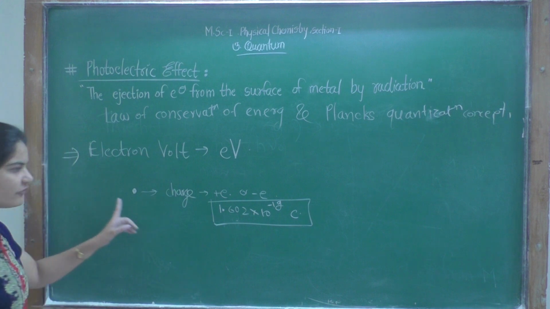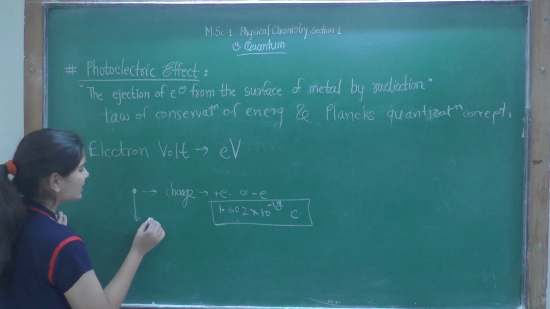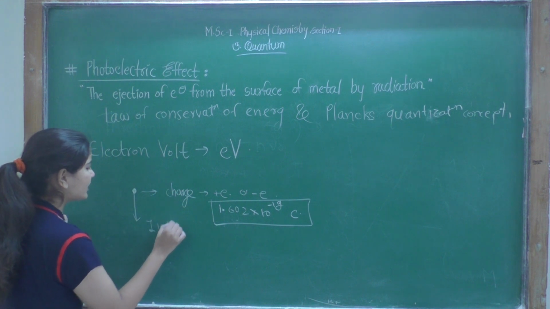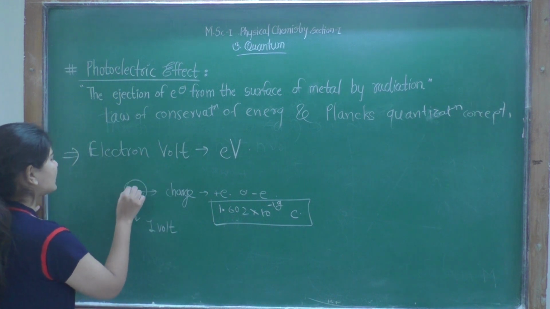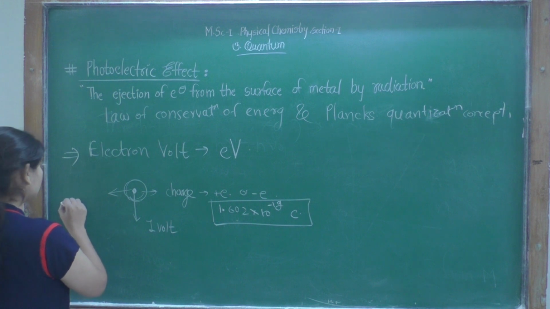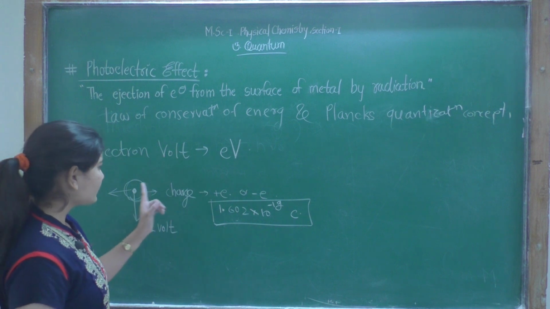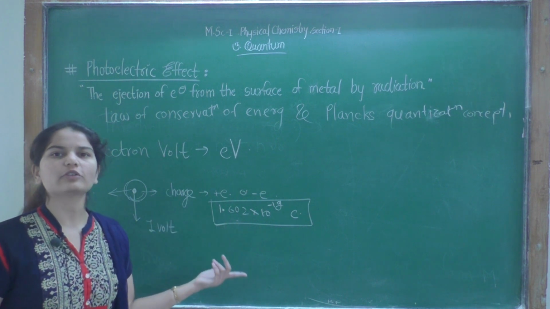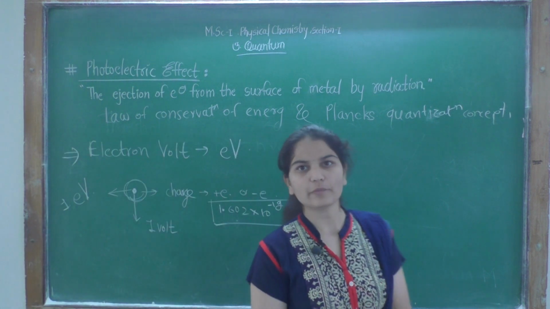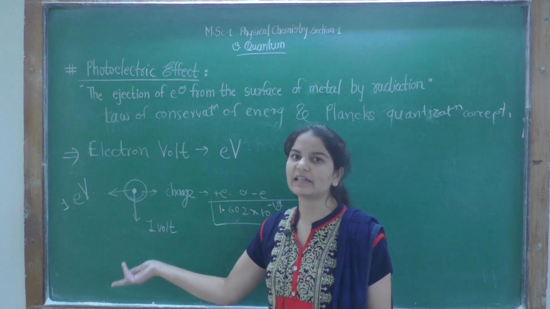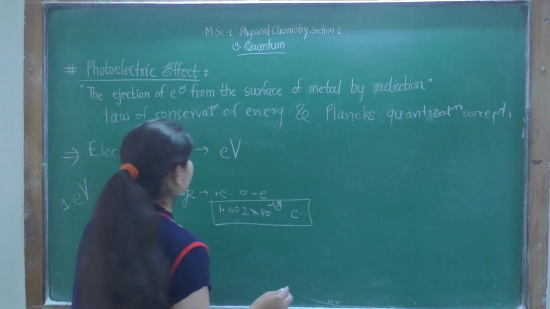If one particle contains this amount of charge and it falls through a potential difference of 1 volt, then the energy possessed by this particle is denoted by 1 electron volt. If the particle having the charge of an electron or proton falls through a potential drop of 1 volt, then the energy is called 1 electron volt.